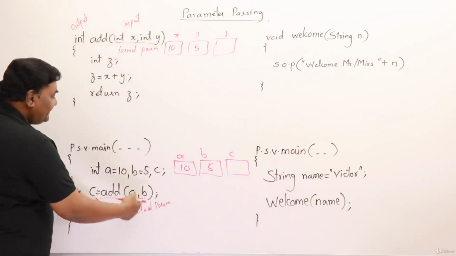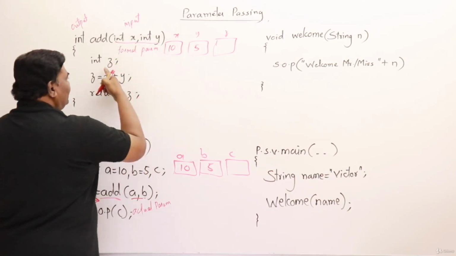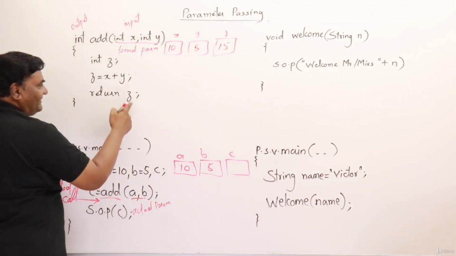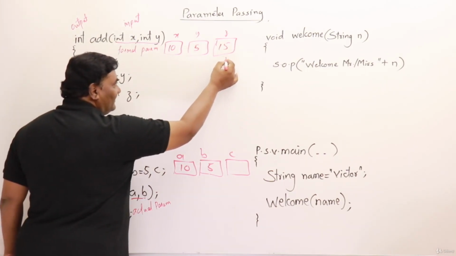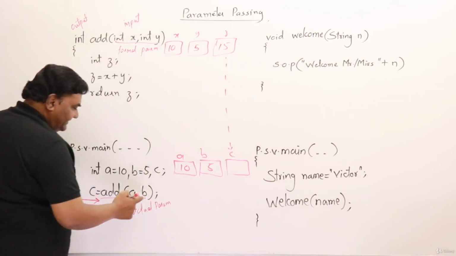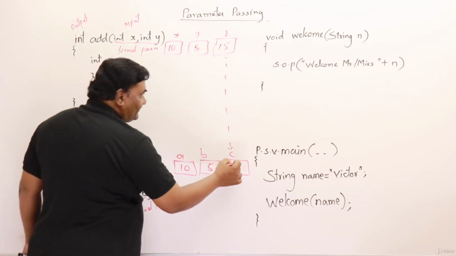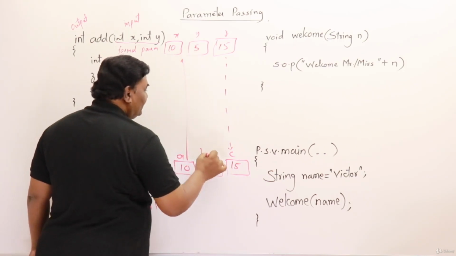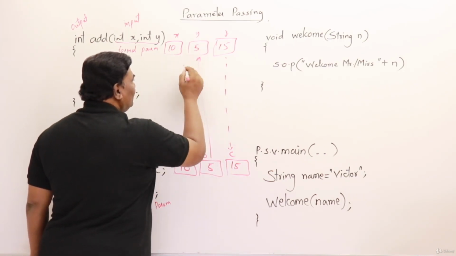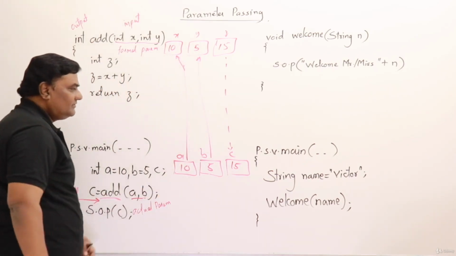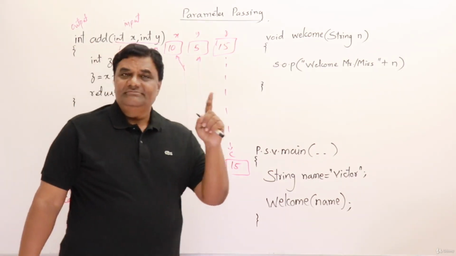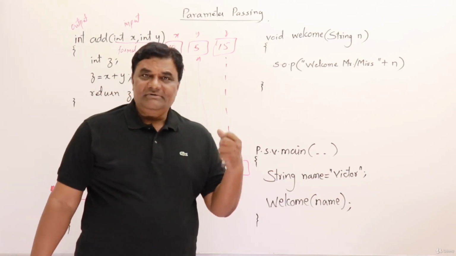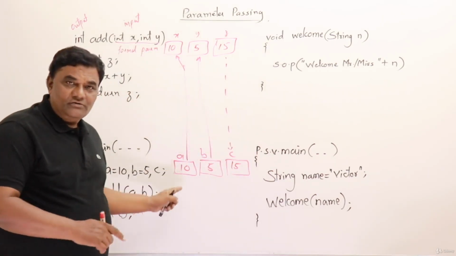Then the method adds these two values, gets 15, and returns the result. This result will come into C as we are taking it in C. This value was copied in X and this value was copied in Y. So there is only one method: the contents of actual parameters are copied into formal parameters.